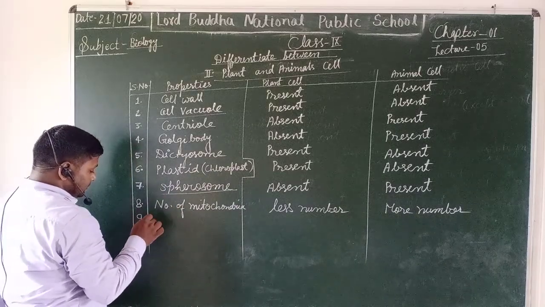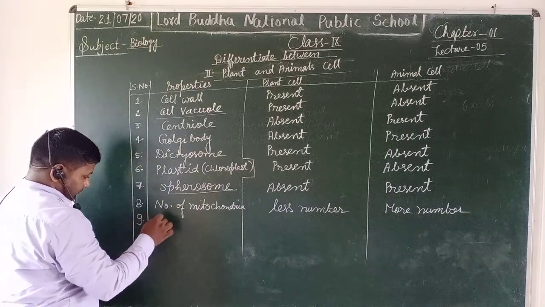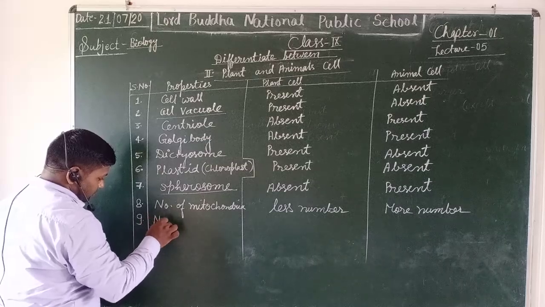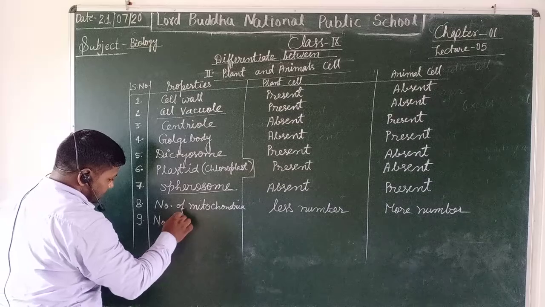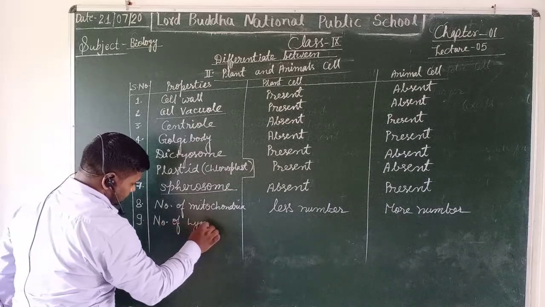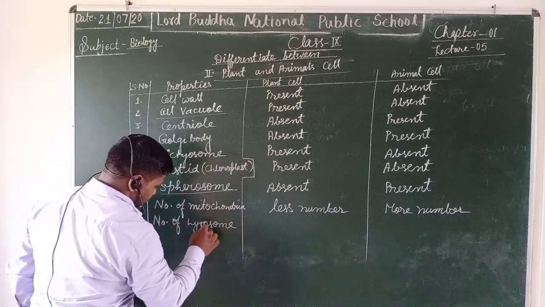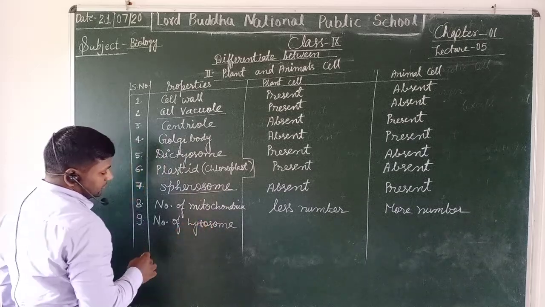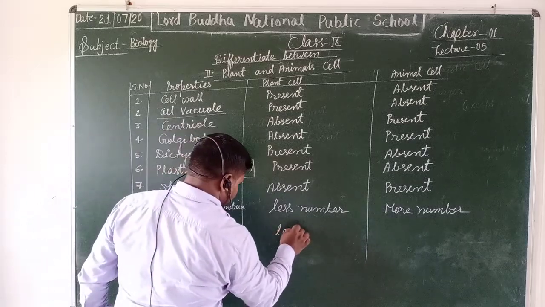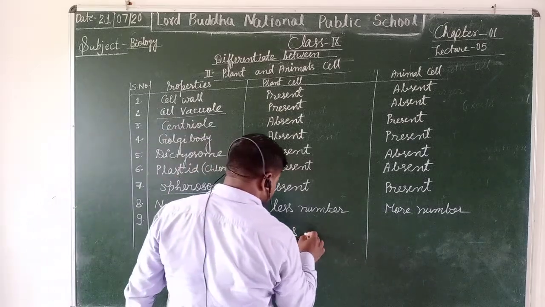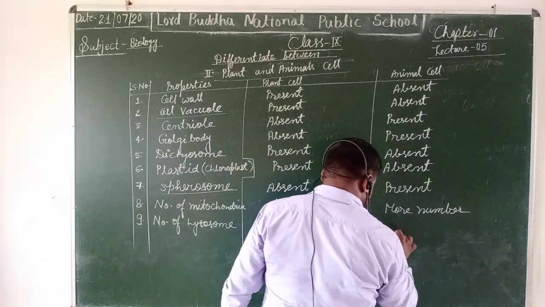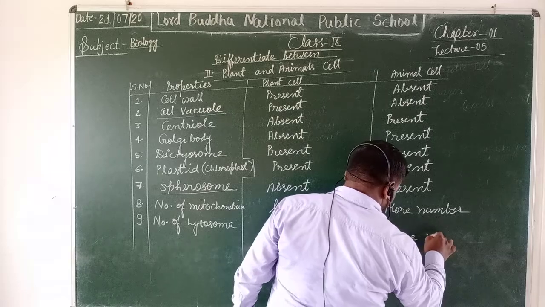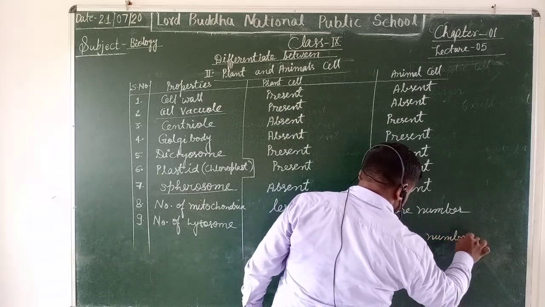Likewise, number of lysosome, the suicidal bag of the cell, is also in plant cell in less number, but in animal cell it is found in more number.